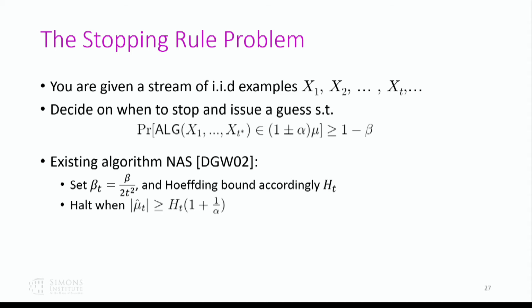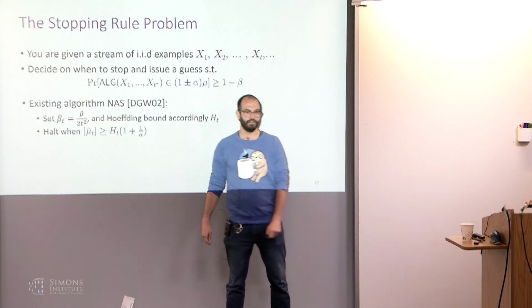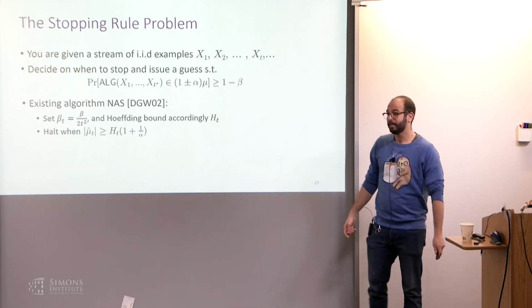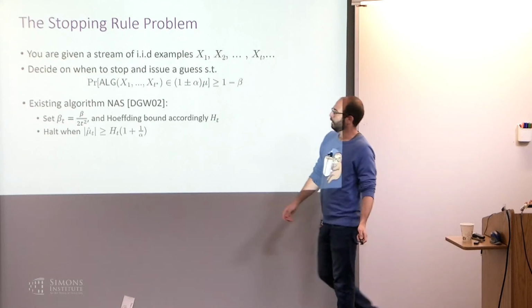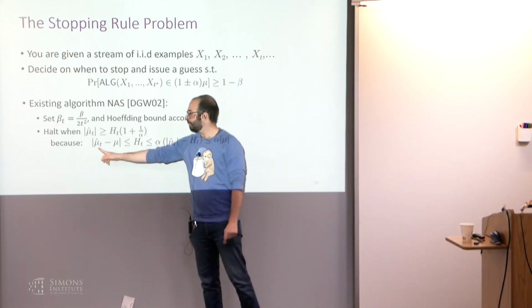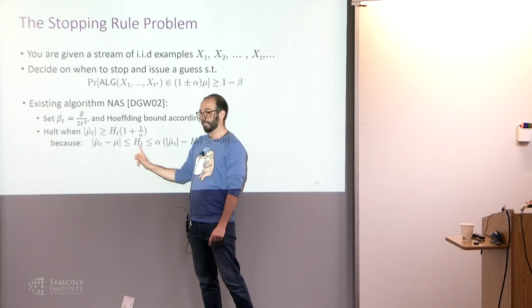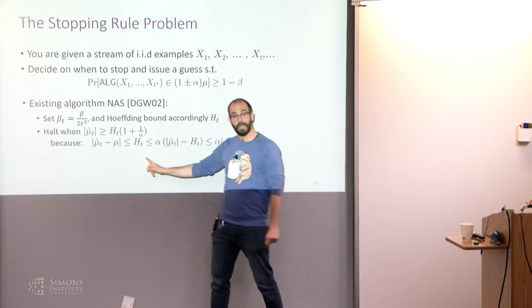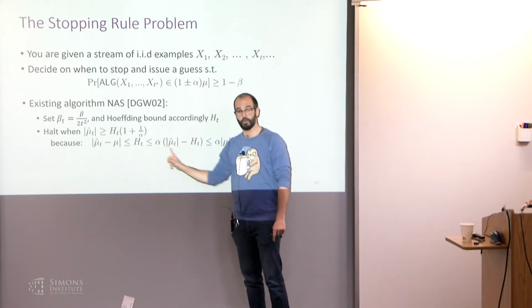But the point is this, I am going to halt when the magnitude of the empirical mean of all the samples that I've seen up to today is greater than the halting bound over alpha. And why is that? Very simple. Because the empirical mean and the actual mean differ by no more than the halting bound. And when I stop, this condition holds.